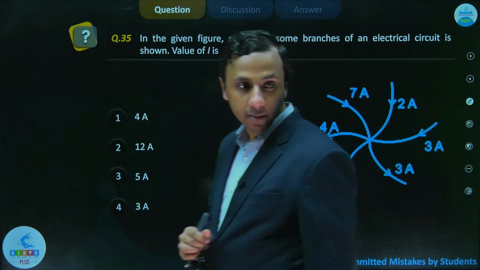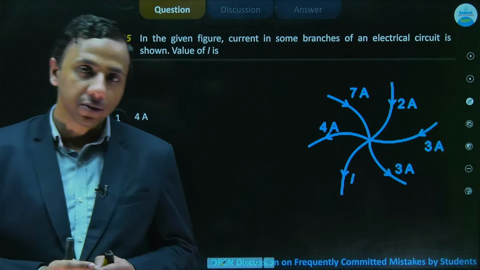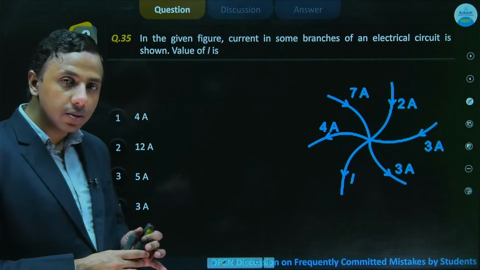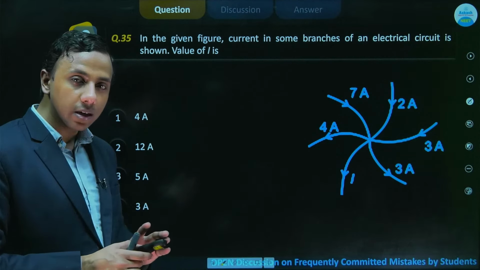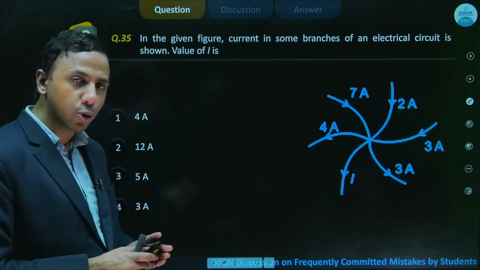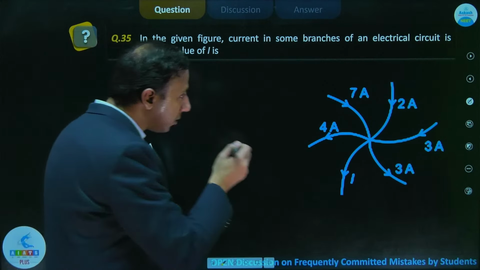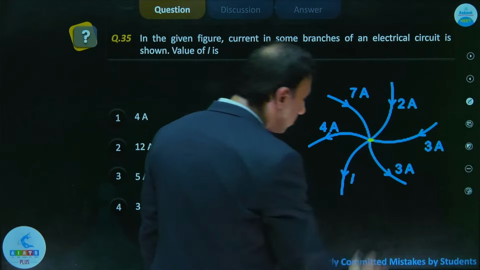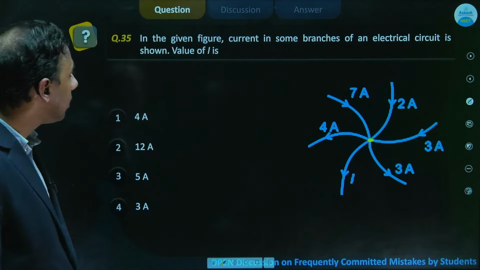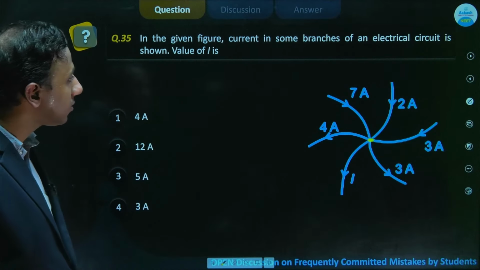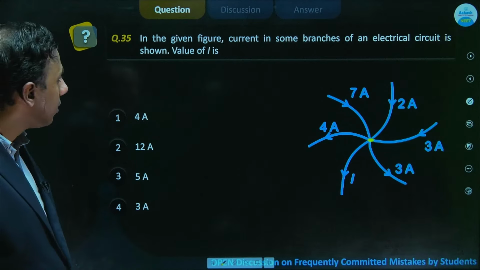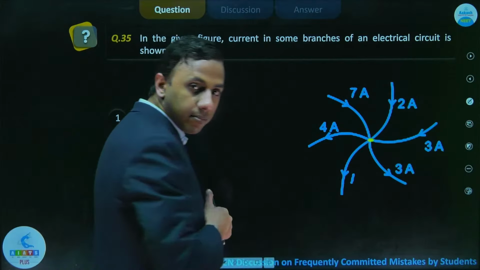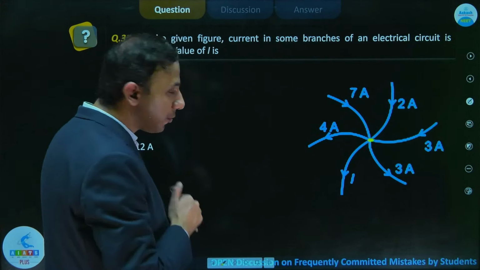Question 35 is a very simple question based on Kirchhoff's law. Of the two Kirchhoff's laws, which one is this based on? Kirchhoff's junction law, not loop law. Why junction law? Because here we are only concerned about this junction. In the given figure, current in some branches of an electrical circuit is shown. The value of I is shown over here, and you have to find it out.